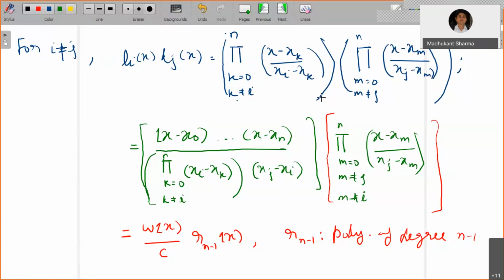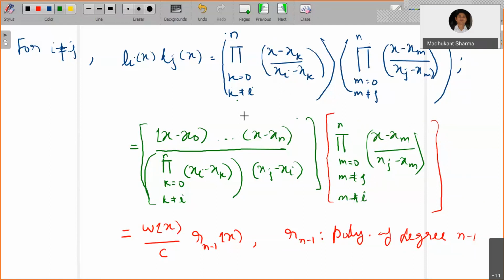Now we have extracted one term, so what remains is n minus 1 factors: x minus x1, x minus x2, and so on up to x minus xn, only with m not equal to j and m not equal to i. So n plus 1 minus 2 is n minus 1. So this will lead to an n minus 1 degree polynomial.